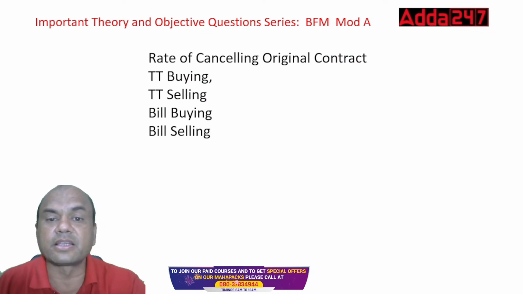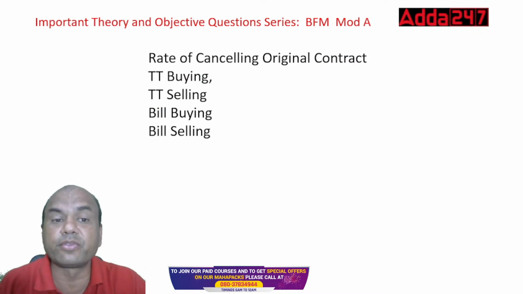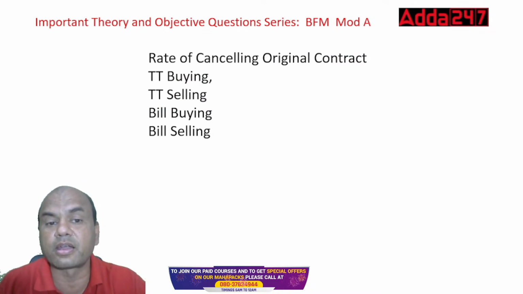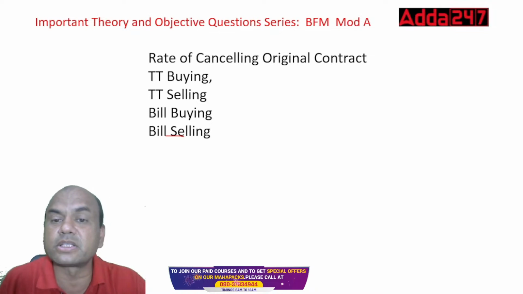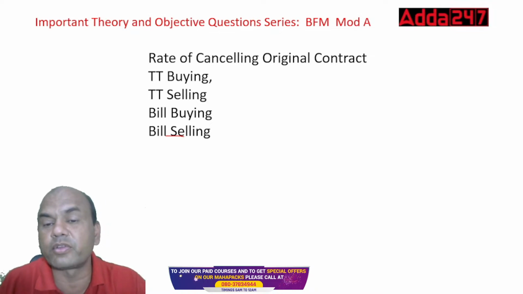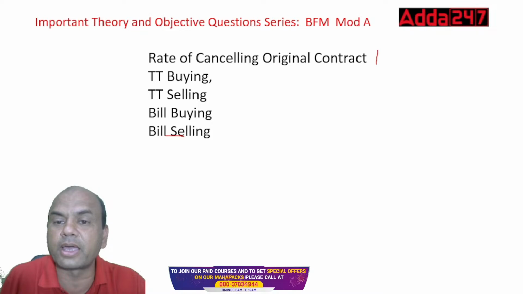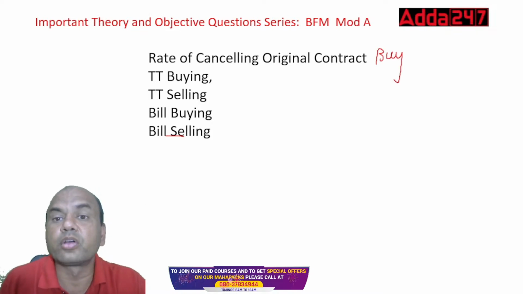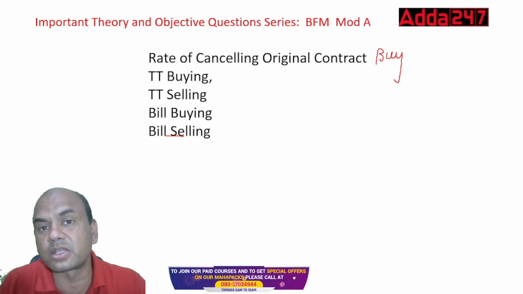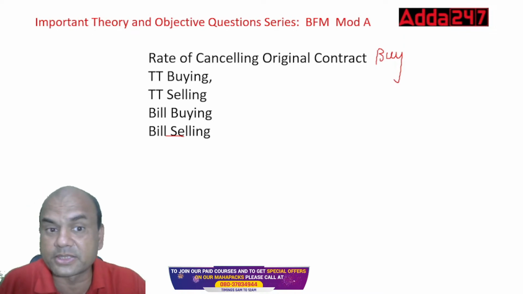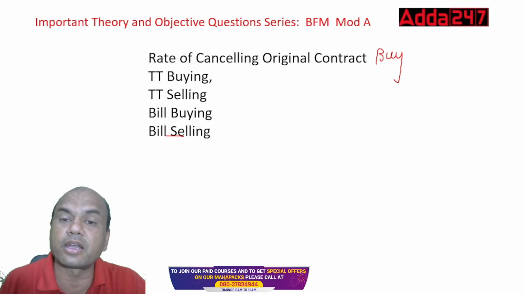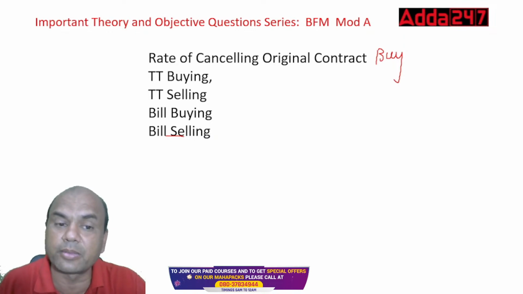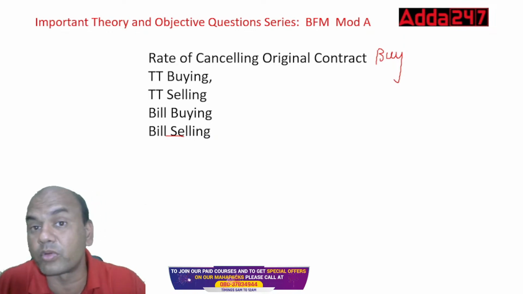Rate of cancelling the original contract: whenever we cancel the original contract, at what rate is it done? TT buying, TT selling, bill buying, bill selling. Suppose I am calling the buy rate, rate of cancelling the buy rate. If I have purchased this dollar earlier, I might have purchased it at either bill buying or TT buying, depending on the type of transaction.